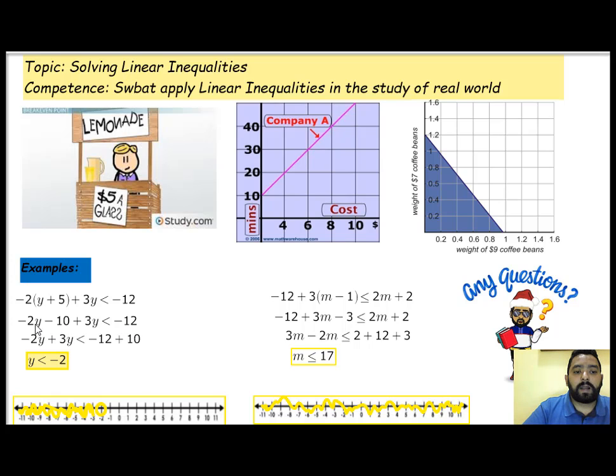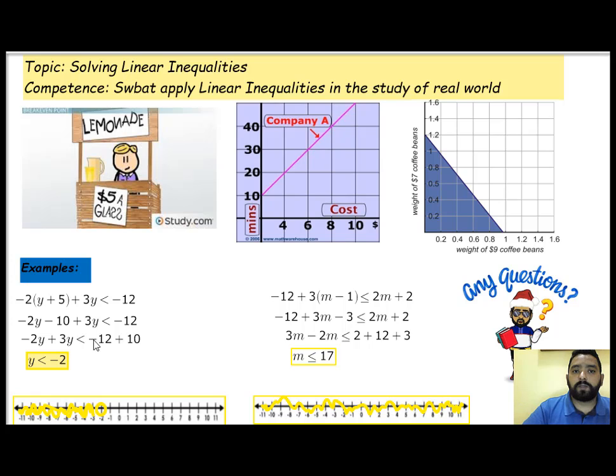Then we are going to arrange variables and constants, or like terms. We have -2y plus 3y. Remember, we keep it positive because we arrange them in the same position. We don't move the number to the other side using the inverse operation or transposition of terms.